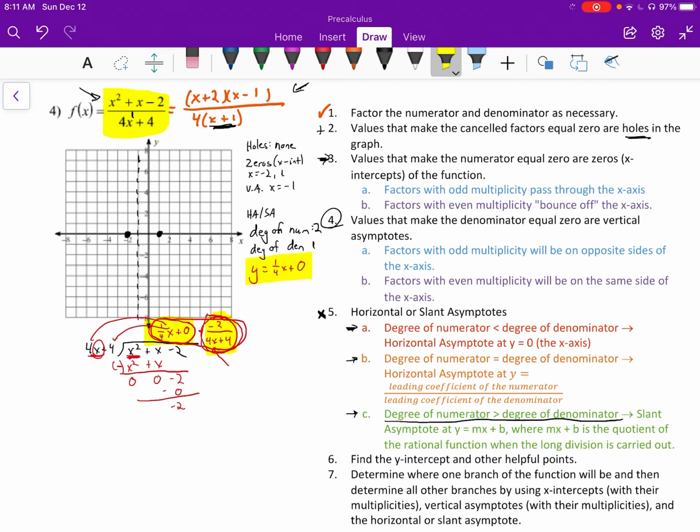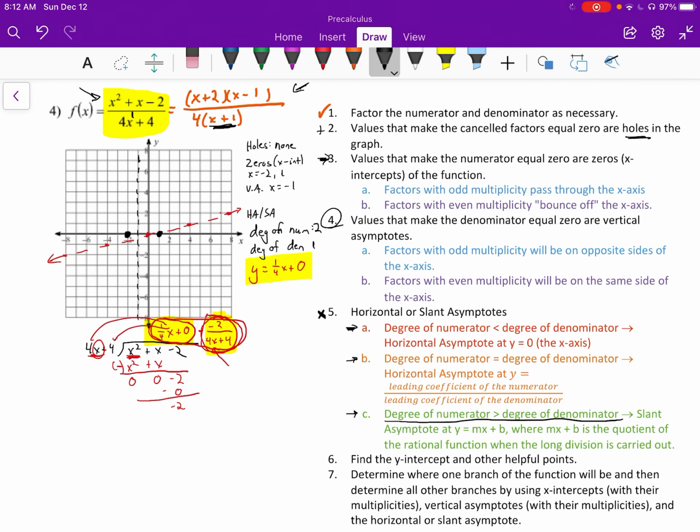So we're going to graph that. That's a line. It goes through a y-intercept of 0 and a slope of 1/4. So up 1/4, up 1/4, or down 1 left 4. And so we can draw in this slant asymptote. And now we're going to look for any other important points.